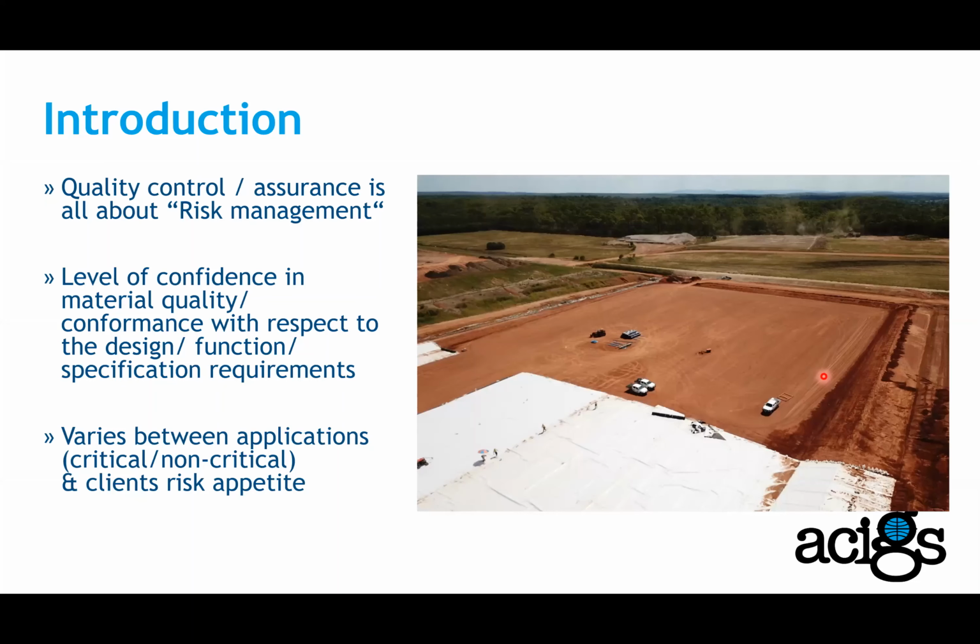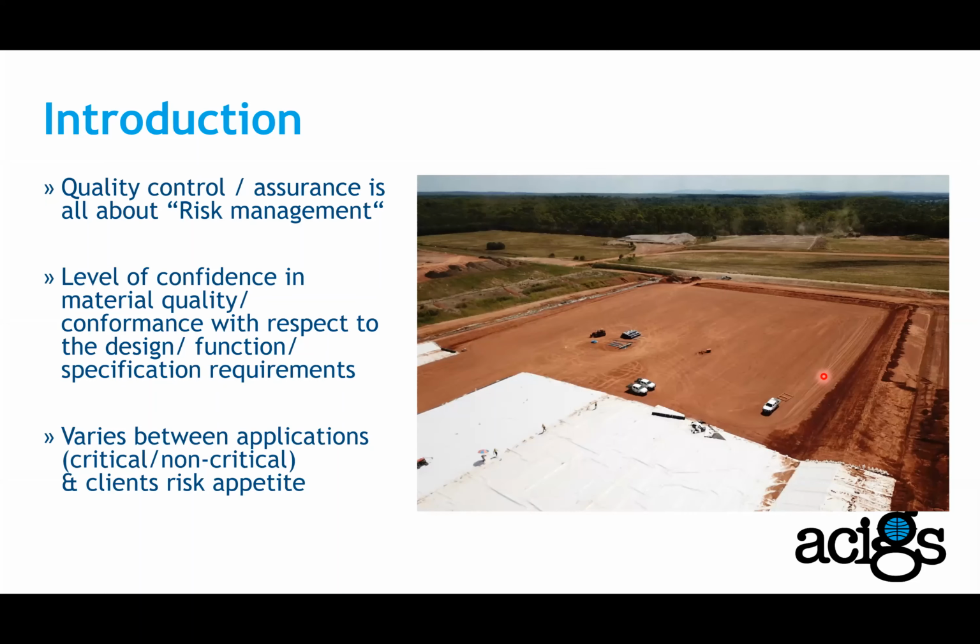Okay, so the introduction to material conformance. Quality control or quality assurance is all about risk management. To be honest, this is one of the main messages that I want to convey in today's presentation. Any decision about CQA or CQC will directly or indirectly relate to risk management.